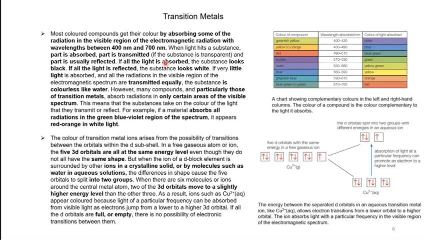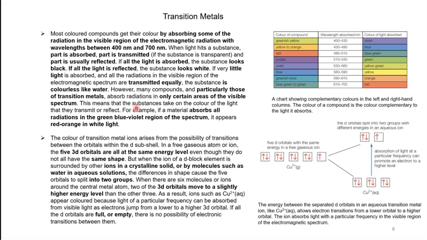If all the light is absorbed, what happens? The substance looks black. If all the light is reflected, the substance looks white. If very little light is absorbed and all the radiation of the visible region is transmitted equally, the substance is almost colorless, like water. However, many compounds, particularly those of transition metals, absorb radiation in only certain areas of the visible spectrum.